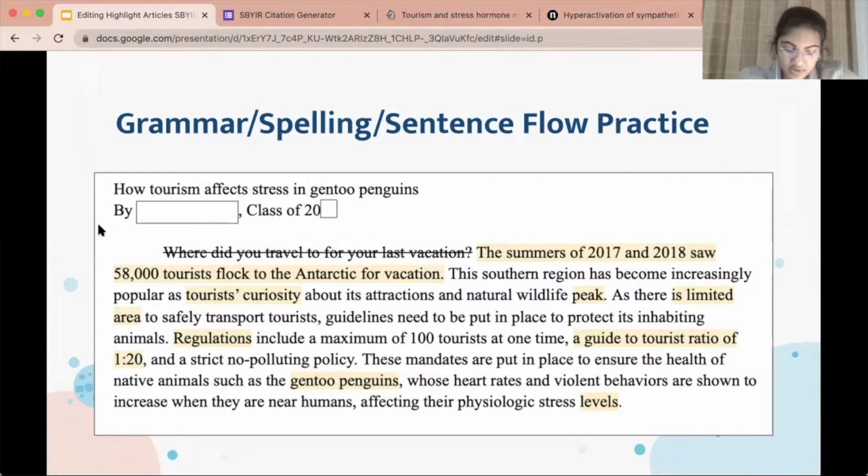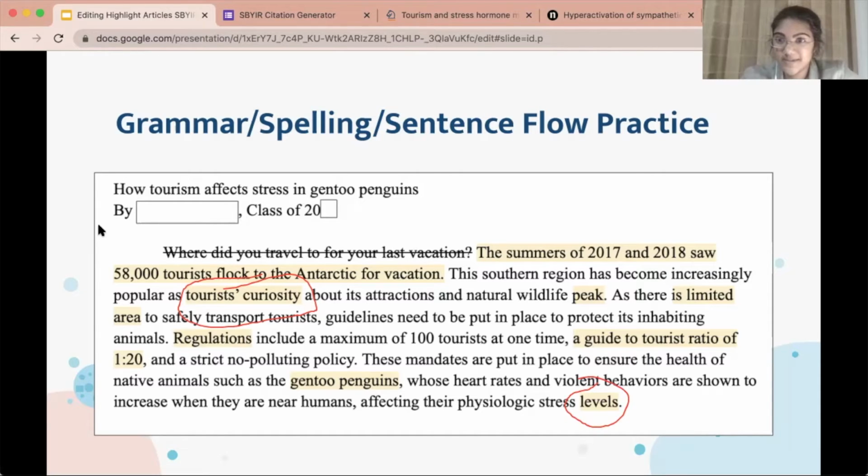In the previous version, it said tourists are curious about its attractions and its natural wildlife. Here, making it tourist curiosity elevates the piece and makes it a little more formal. That's something that we like to do. The Gentoo penguins, and then stress levels. We want to make sure that what we're talking about is very clear, and that clarifies the points being made in that sentence.